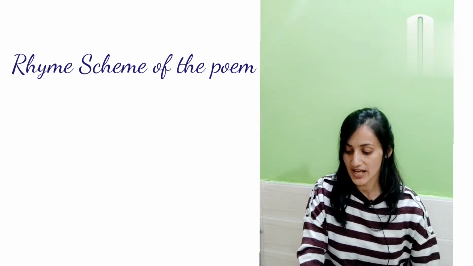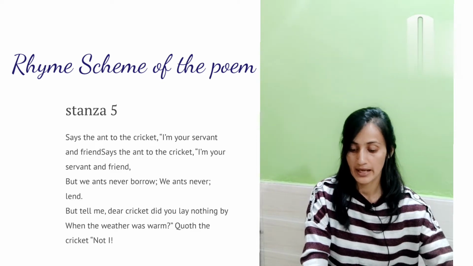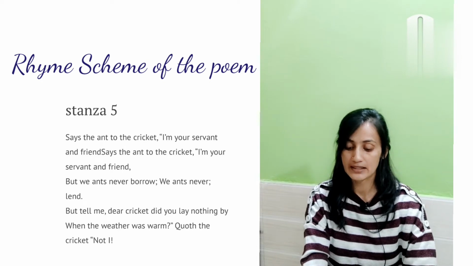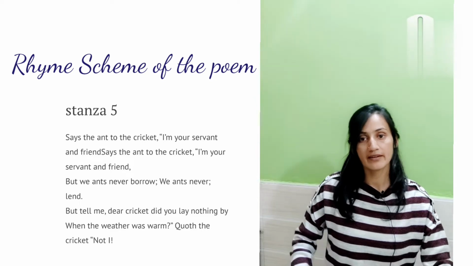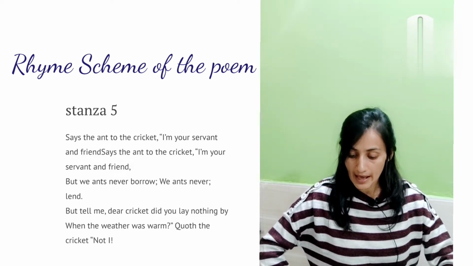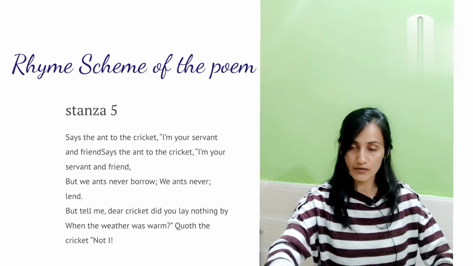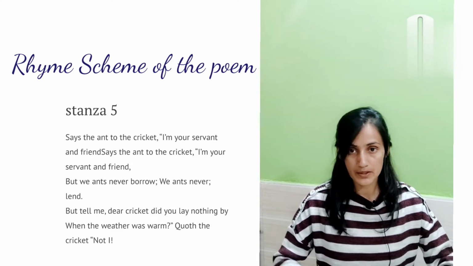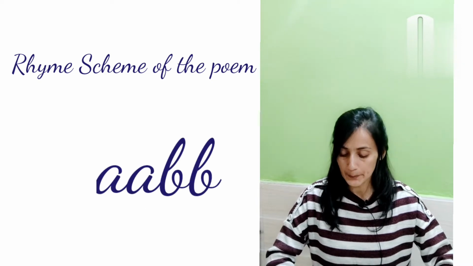In the fifth stanza, we see the last word is friend, and the last word of the second line is land. So friend and land, that's similar sound, a, and in the third line we see by, and in the fourth line it's I. So by, I, that's bb. So the rhyme scheme of the fifth stanza is a, bb.